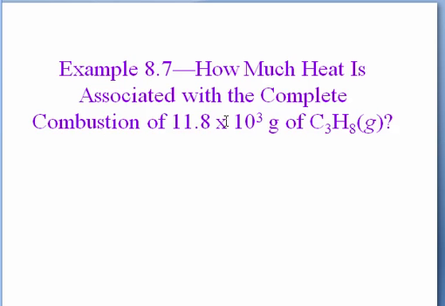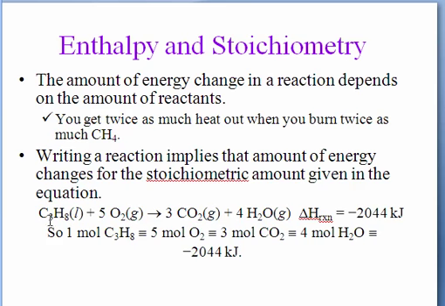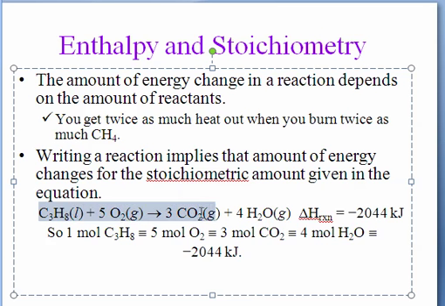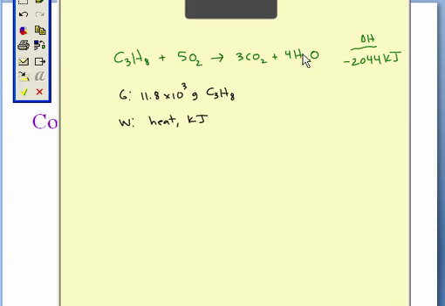How much heat is associated with the complete combustion of 11.8 times 10 to the 3 grams of propane? So let's go back to our balanced equation here. This is what we'll use to get the relationships we need to solve this problem. Part of the equation is that 2,044 kilojoules of heat are released when 1 mole of propane is combusted.